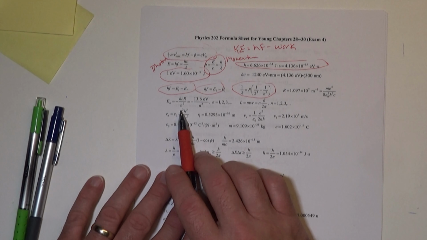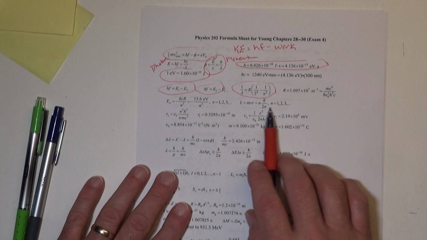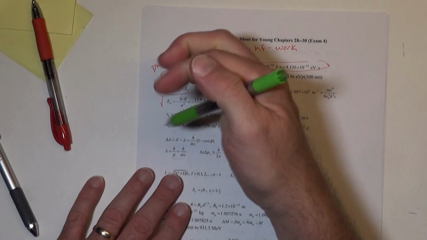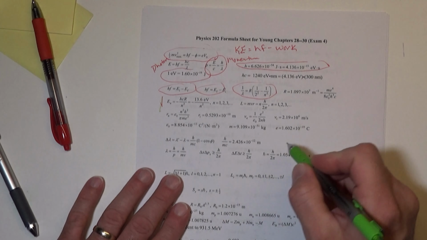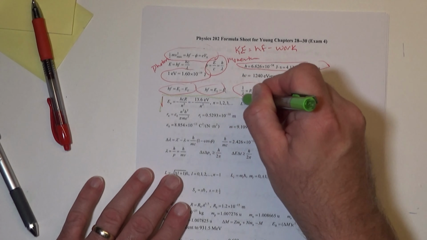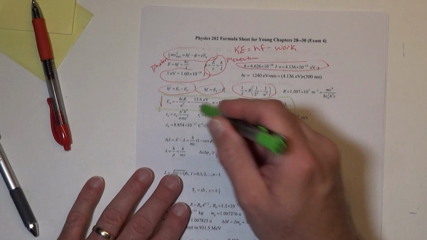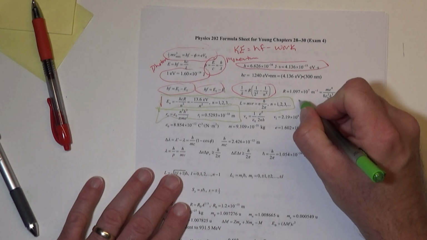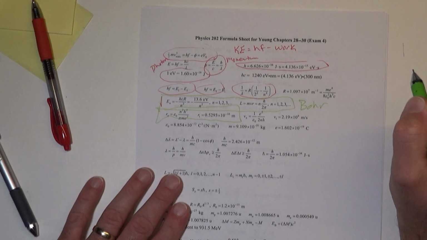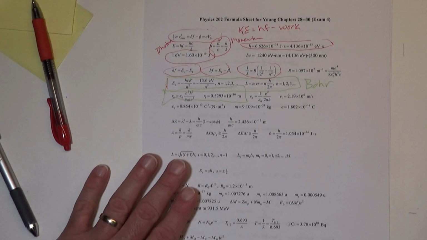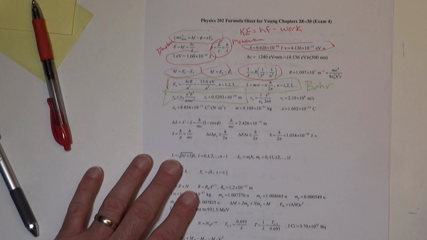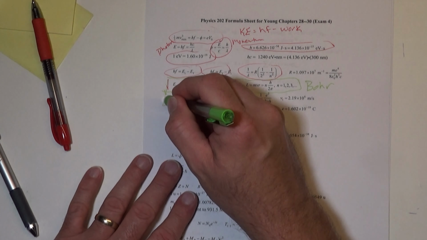When we get here, we're starting to get into the Bohr model. So let me switch colors of pens. This right here is the Bohr model, and this is the radius of the Bohr model. All of this is the Bohr model of the atom.